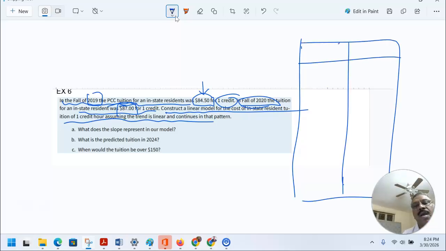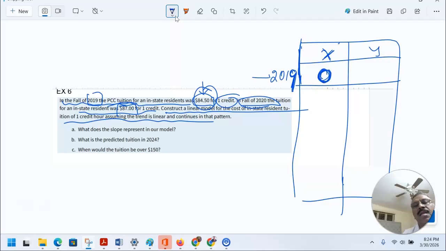We have x and y. X is the input, how many years pass by. Now, he said in the year 2019, right? So in the year 2019, that's when they checked the tuition fee, and it was 84.50. So the input in the year 2019 is like 0. That's the starting point. So this way it becomes easier.